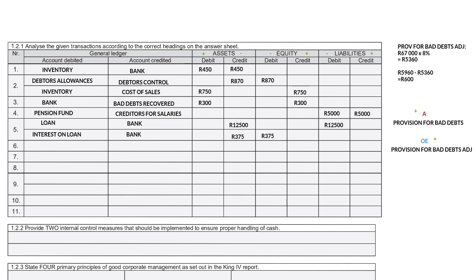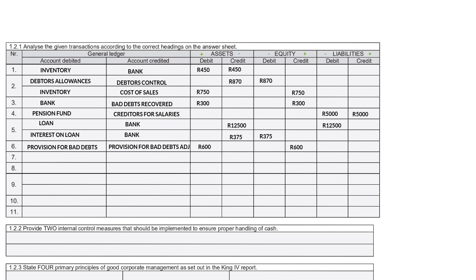So let's go record this onto our answer sheet. So the account to be debited is provision for bad debts. The account to be credited is provision for bad debts adjustment. Assets will be debited with 600 Rand, and owner's equity will be credited with 600 Rand.